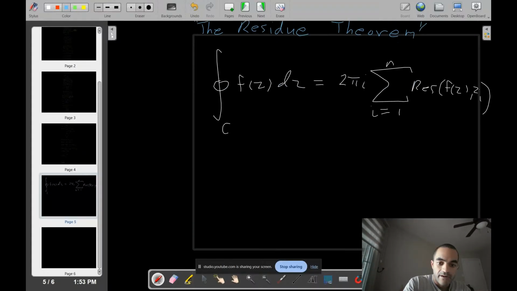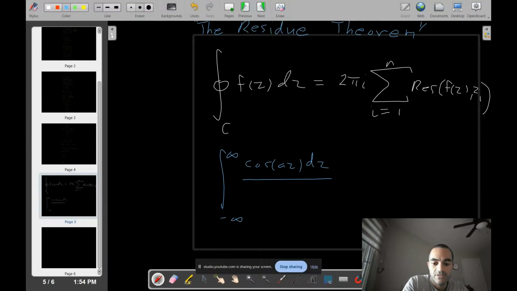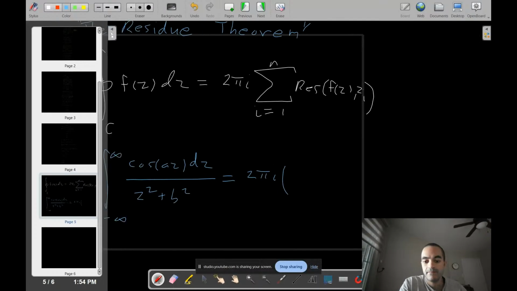So remember, our integral originally was this guy, minus infinity to infinity, cosine of az dz all over z squared plus b squared in complex form. This is just going to be 2 pi i times the sum of the residues, the residue of f of z, comma, positive ib.